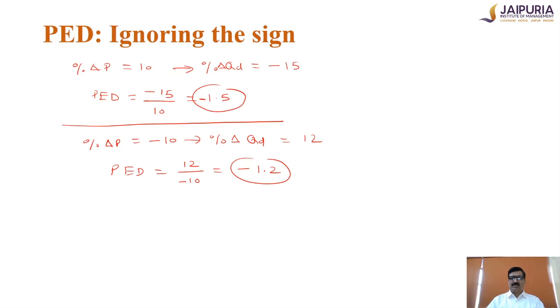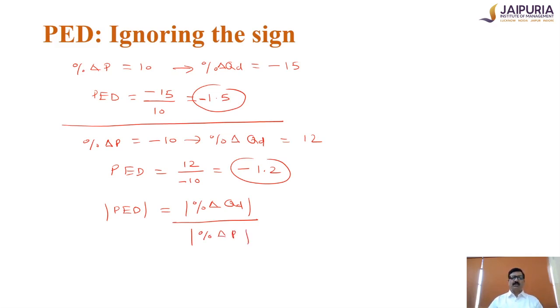And this inverse relation between price and quantity demanded is almost universal. Hence, we ignore the sign of PED. When we ignore the sign of PED, we can write like this: absolute value of PED is equal to absolute value of percentage change in quantity demanded upon absolute value of percentage change in price.